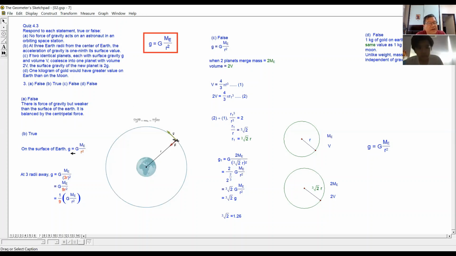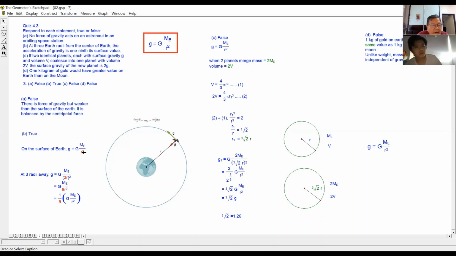If it's on the surface of the Earth, then it will be capital G, M_E divided by R squared. But now we are talking about a distance three times the radius of the Earth. So I replace the r here, the red color r, with three times the radius.